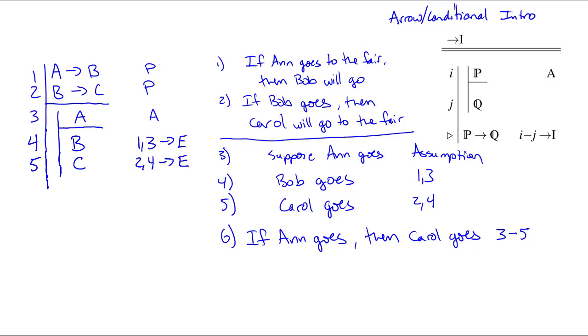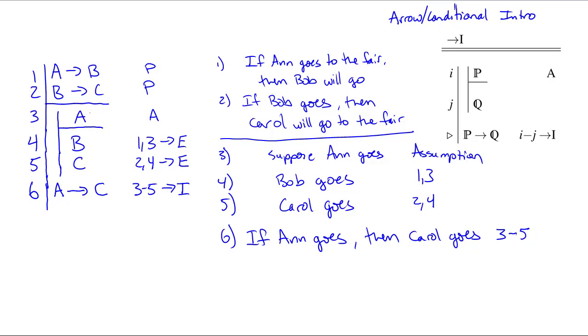Now we've shown in the subderivation that A leads to C, so we can, if we choose, end that subderivation and move out one scope line. And write a conditional consisting of the original auxiliary assumption in line 3 and the subgoal in our subderivation in line 5. And our citation for this will be 3 through 5 arrow introduction, or conditional introduction.